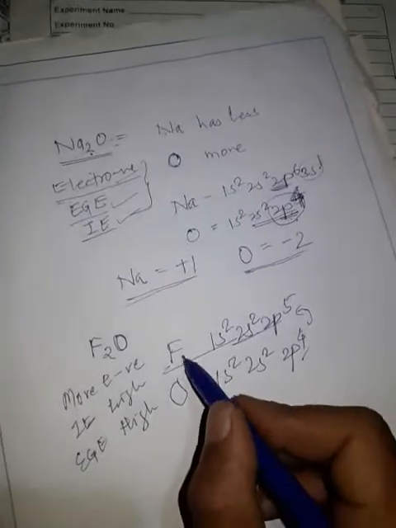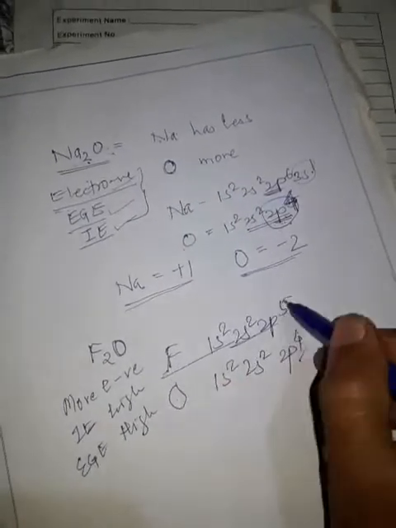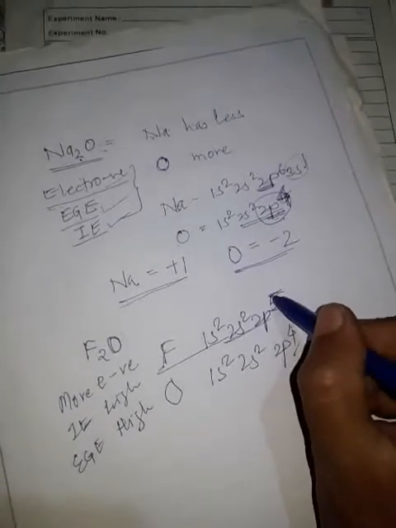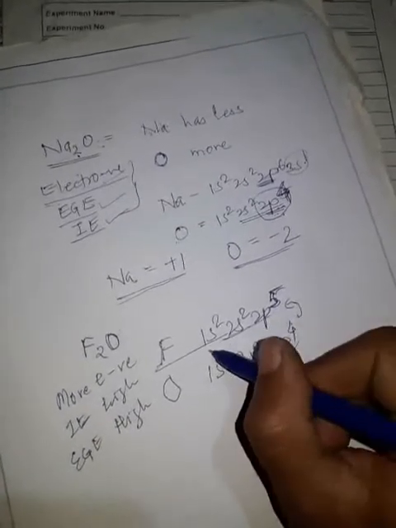Now here each fluorine requires 1 electron to fill its p orbital, which gives extra stability to fluorine.